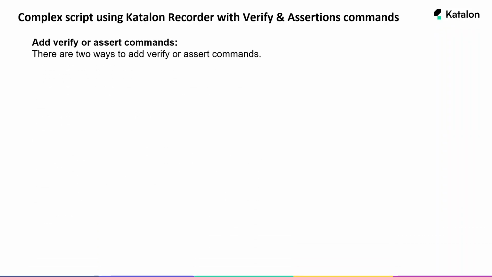To create Verify and Assertions commands, first of all, we need to follow the same steps that we followed in the earlier section to automate your test case by using the record option under Katalon Recorder. And then we need to add verify or assert commands. There are two ways to add verify or assert commands.